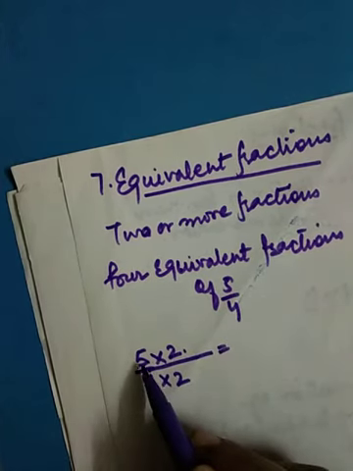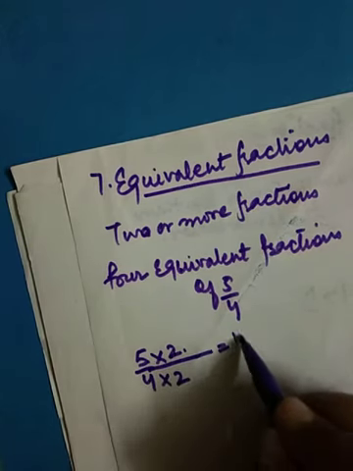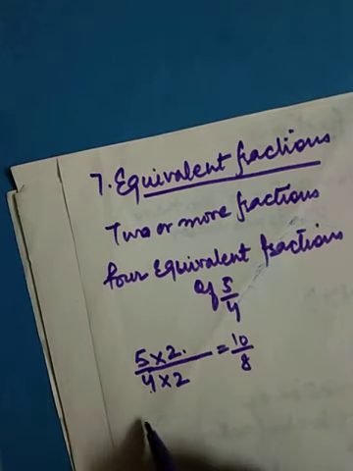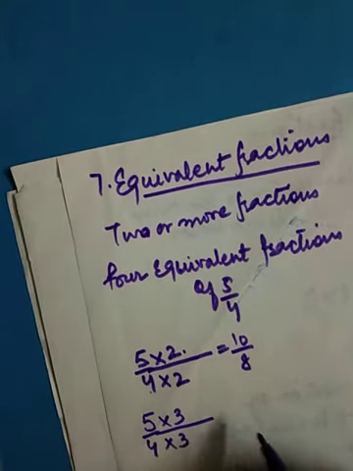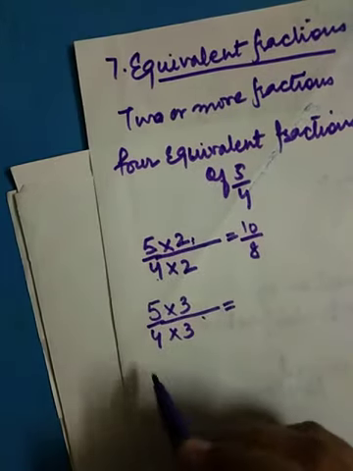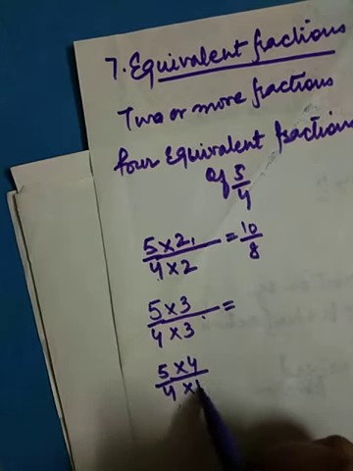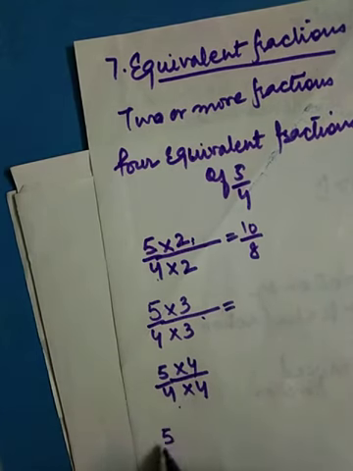So we multiply the numerator by 2 and the denominator by 2. 5 2s are 10 and 4 2s are 8. Next, again write 5 by 4. Now multiply it by 3 on both sides, numerator with numerator and denominator with denominator. Then 5 by 4 into 4 by 4. So 2, 3, 4, next number is 5.